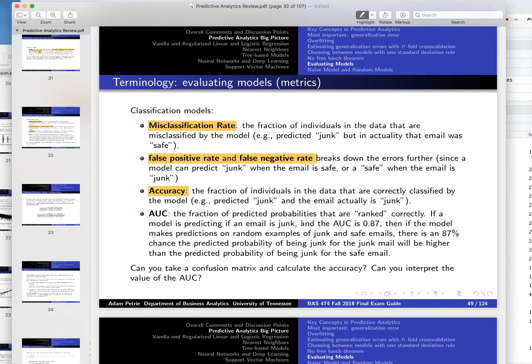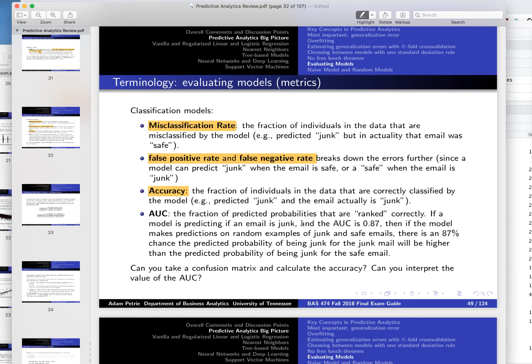One thing that's going to be very important is that all the safe emails actually make it to our inbox. So if we're counting a junk email as a positive here, we want to make sure that the false positive rate is very tiny.